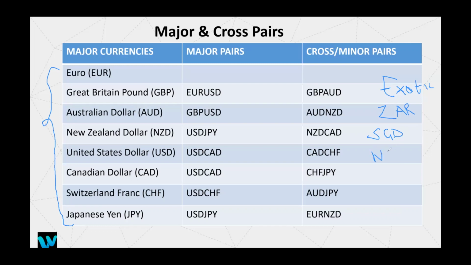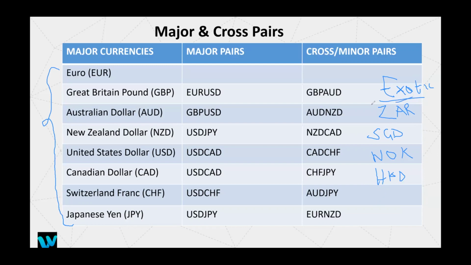The Norwegian krone, NOK, is an exotic currency. There are just so many of them like that. Hong Kong dollar is an exotic currency. You have the Mexican peso and all that. So these are exotic currencies.